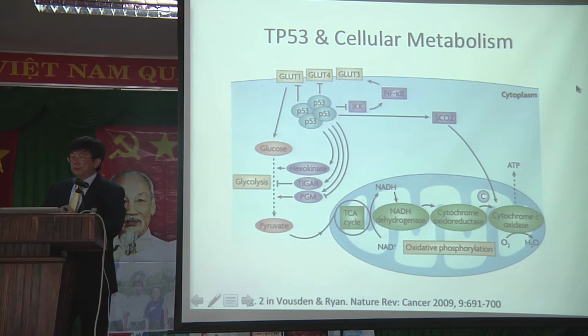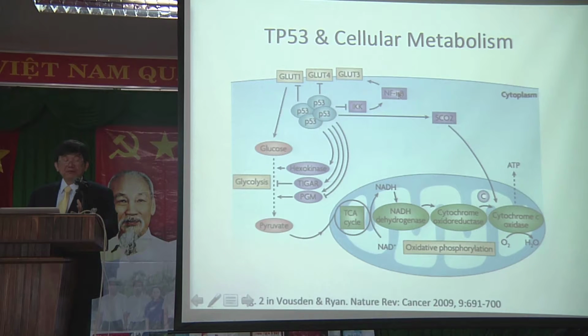So for cancer cell metabolism, how is p53 regulating the cellular metabolism? So p53 mainly regulates the glycolytic metabolism. You can see here that the tetramer complex of p53 would actually mainly work by initiation of transcription.